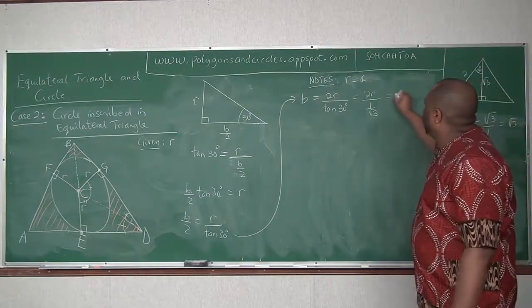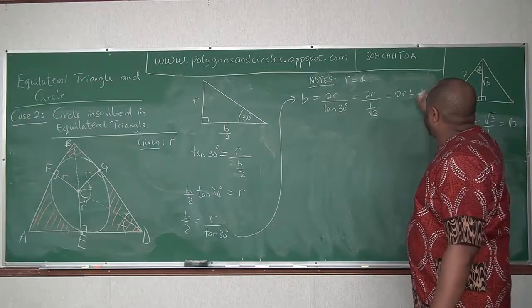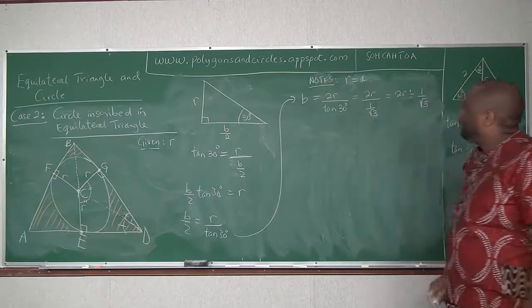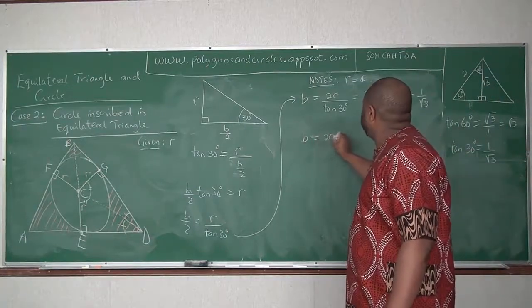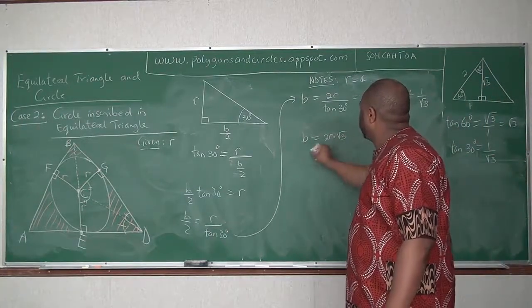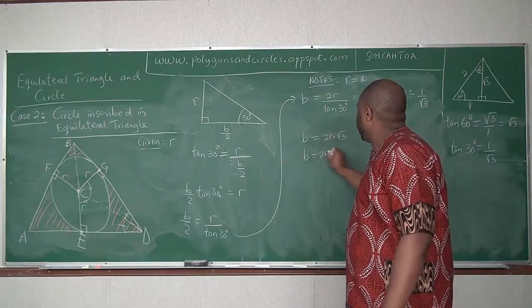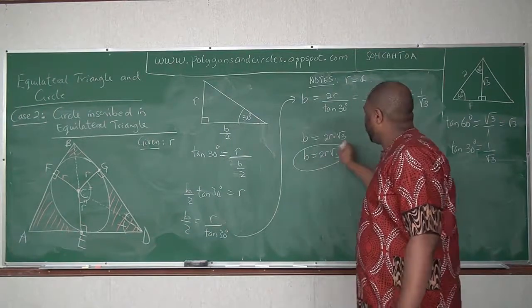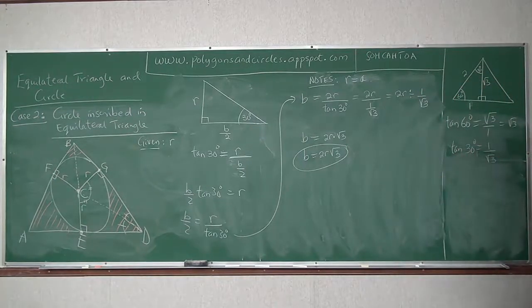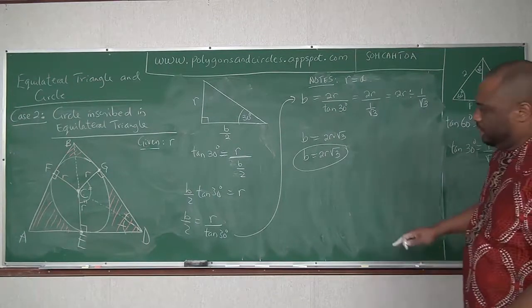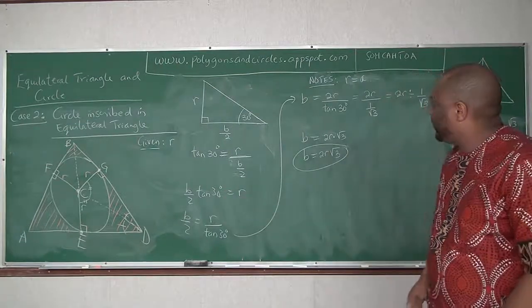So this means 2r divided by 1 over root 3. That is what it means. So the base is 2r times root 3. So the base is 2r root 3. That is your base of the triangle.